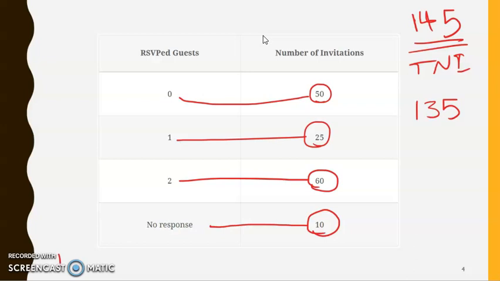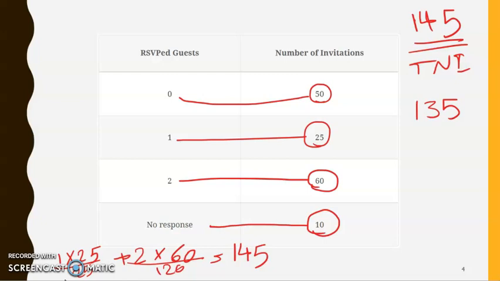Here we have 1 times 25 plus 2 times 60. So here we have 25 and here we have 120, and so totally we come up with 145.